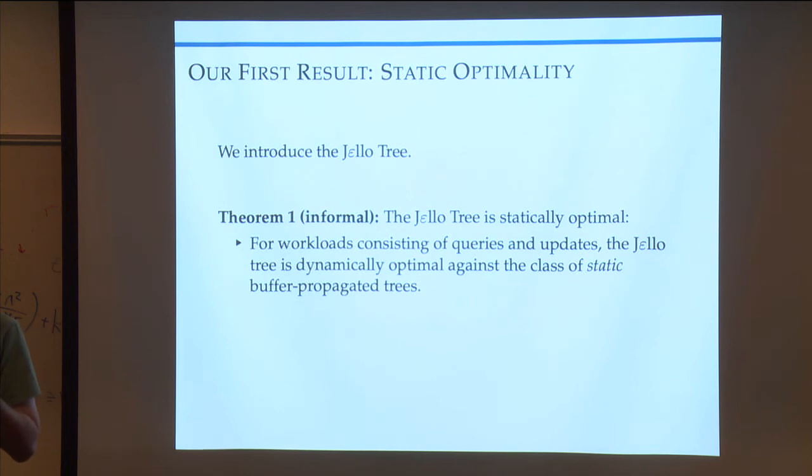This is the technical reason we're only doing updates, because then you're not changing who's in the set. You build your tree, and now you have a workload, and that's this class. And static optimality is the thing that has been studied, and we are statically optimal.